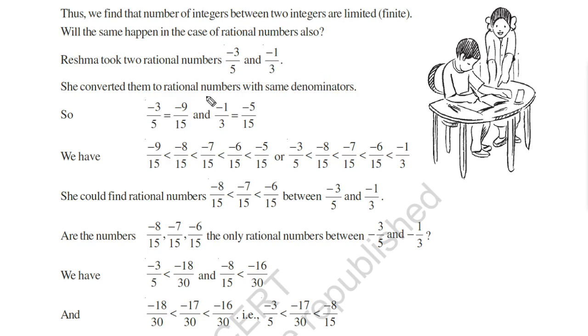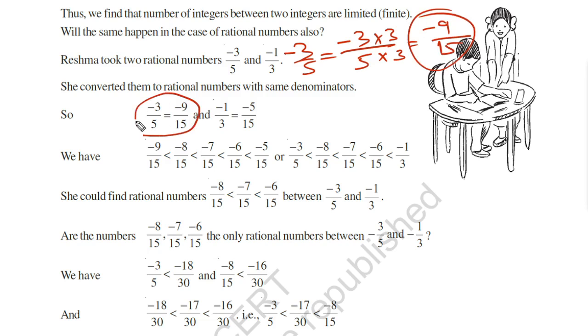Now first of all we will take this one, minus 3 by 5. So minus 3 by 5 is equal to minus 3 by 5 into what will we multiply? We will multiply 3 upon 3, which will be equal to minus 9 by 15. So it is directly written that minus 3 by 5 is equal to minus 9 by 15.